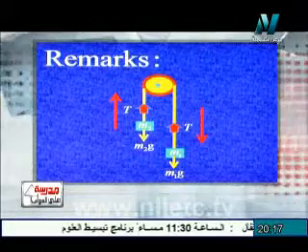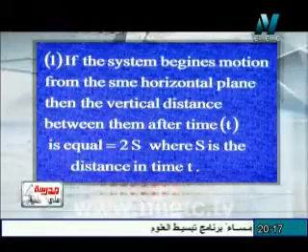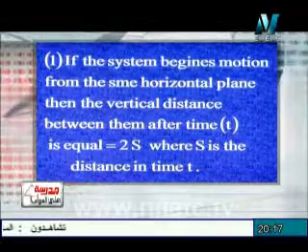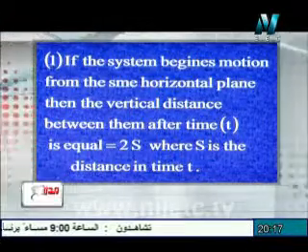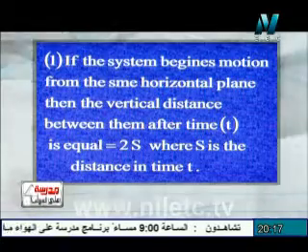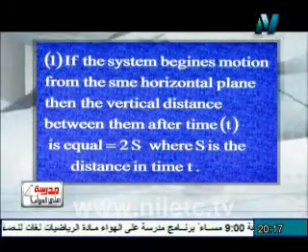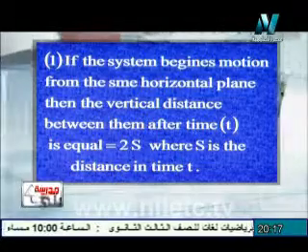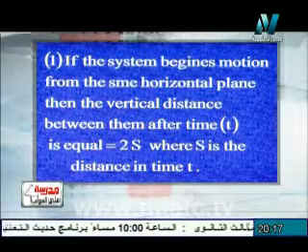Okay. Number one. If the system begins motion, نبتدي بقى نقرا كده مع بعض, from the same horizontal plane, then the vertical distance between them after time t is equal to s, where s is the distance in time t.